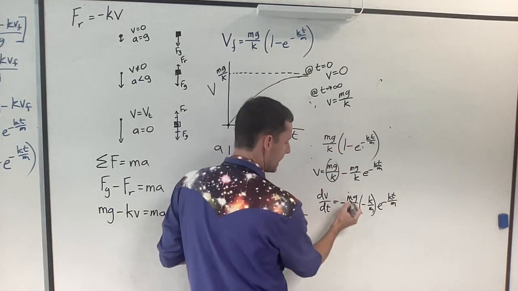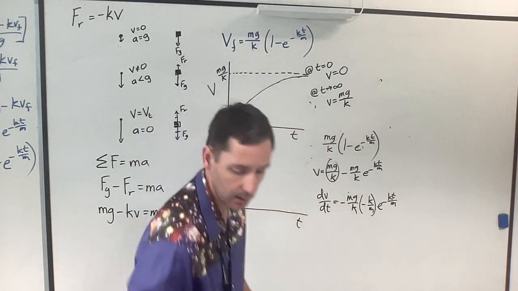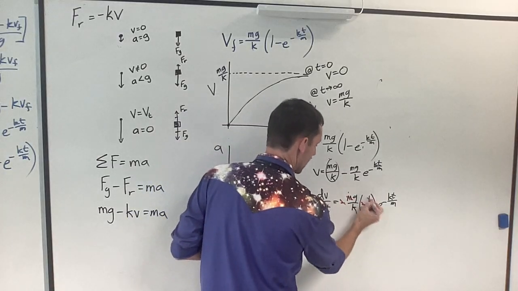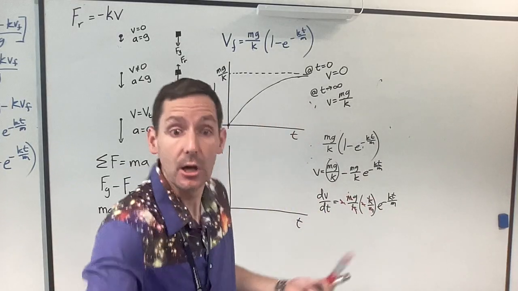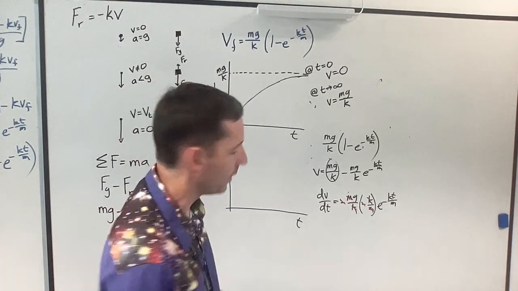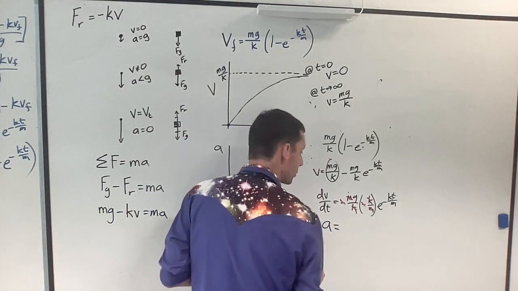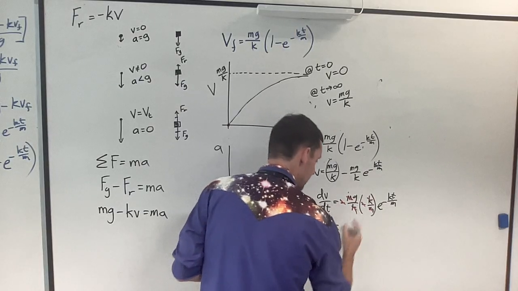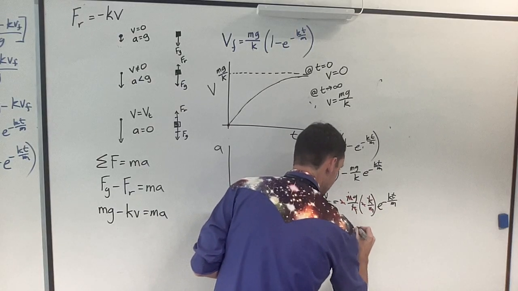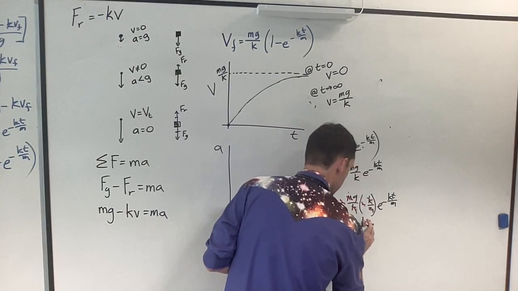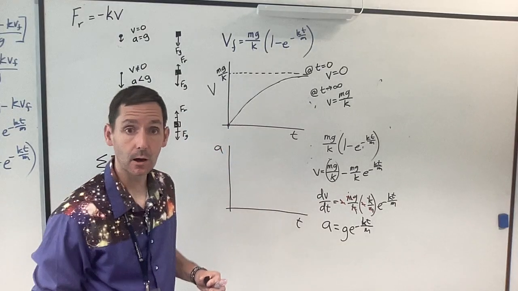Now what you'll see is that the negative here is going to cancel out. The m is going to cancel out, and the k is going to cancel out. Now what does that leave us with? Well, that leaves us with acceleration is equal to g times e to the negative kt over m. Sorry, that is a k. Kt over m. All right?